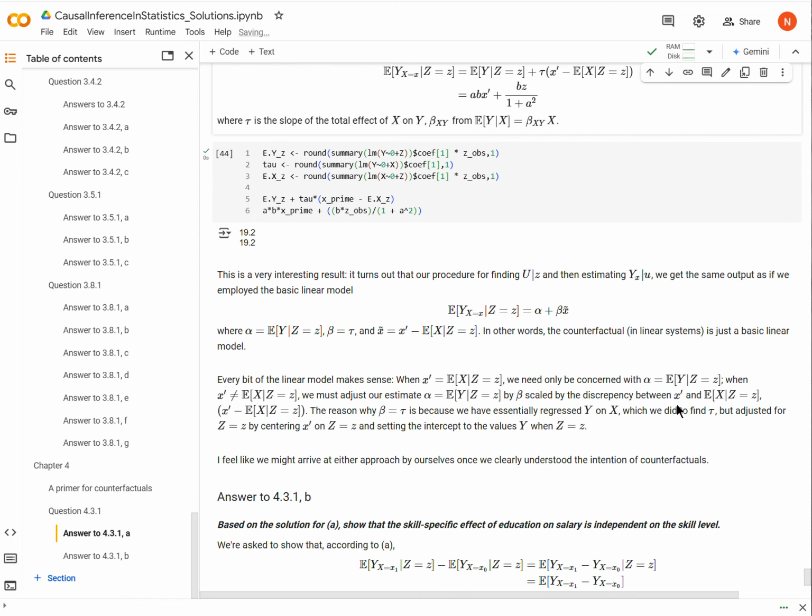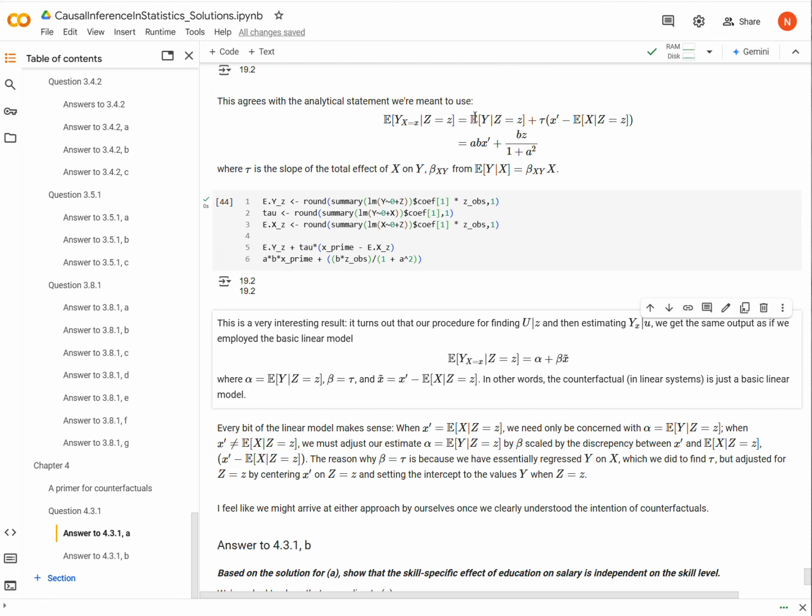And here we basically just applied the model of a line to our problem and got the same answer. So it may not look like it, but this is a linear model. This is just the formula of a line, alpha plus beta times x tilde, where alpha is just the expected value of y given z.